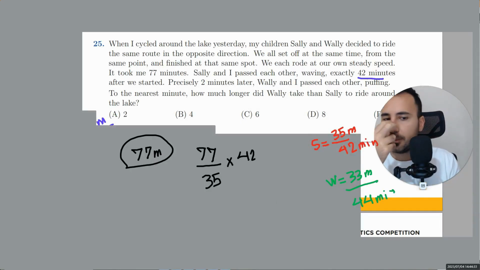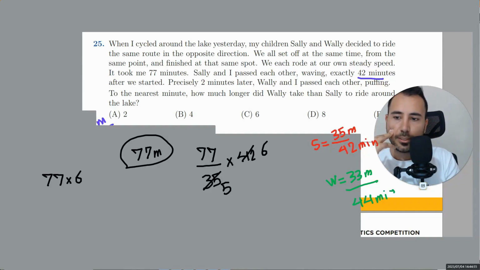By the way, we could have simplified these. I'll simplify them now. This divided by 7 is 5. This one is 6. So I'm going to write it like this: 77 times 6 over 5. That would be how many minutes it will take for Sally.